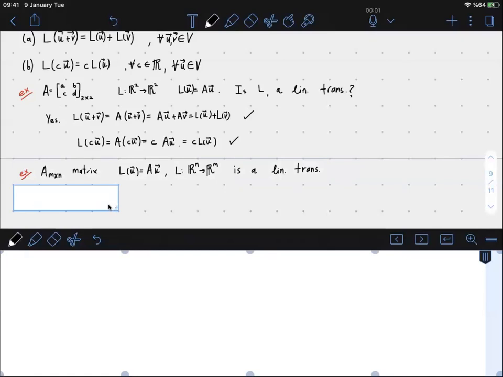All the linear transformations will have a representation in terms of matrices, okay? I'm not saying that every linear transformation is a matrix, but we will see that every linear transformation has a matrix representation. So they can be represented by matrices, right?